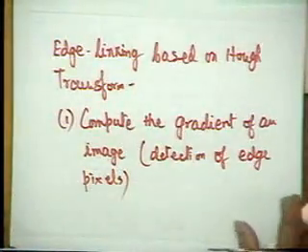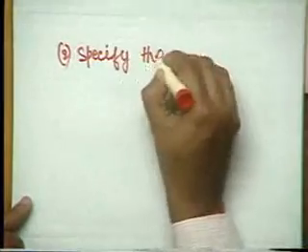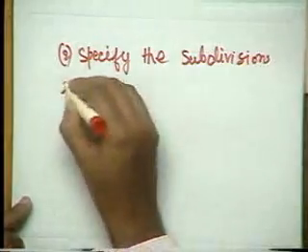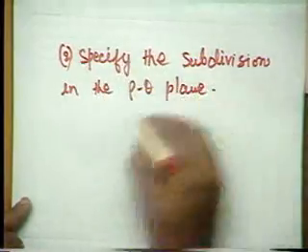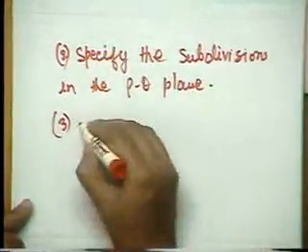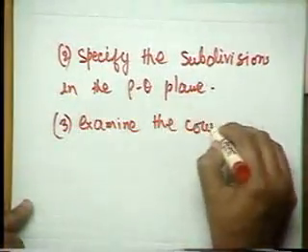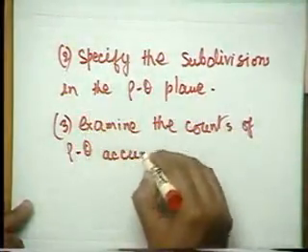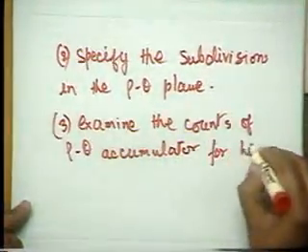After detecting the edge pixels, you specify the subdivisions in the xy plane, the subdivisions in the rho theta plane, and then in the third step, you examine the counts of the rho theta accumulator for high pixel concentrations.